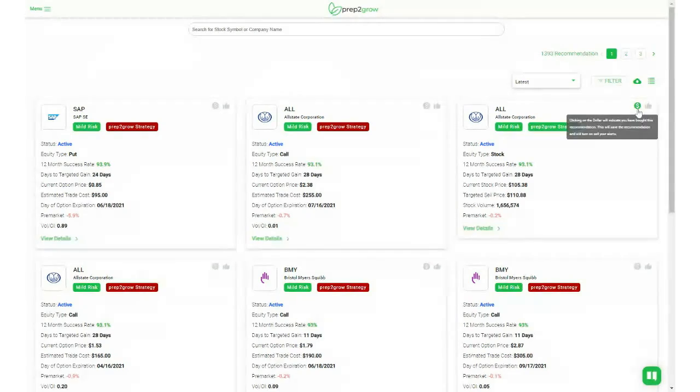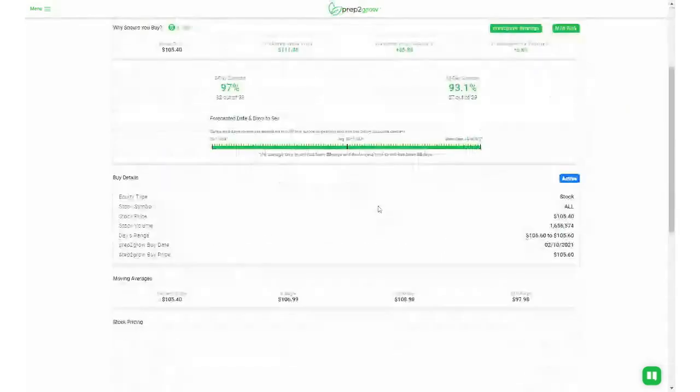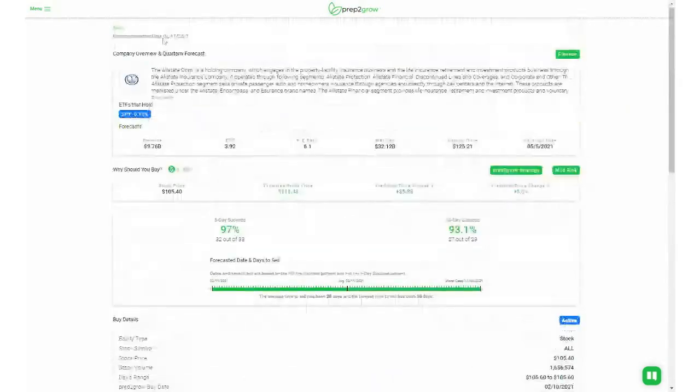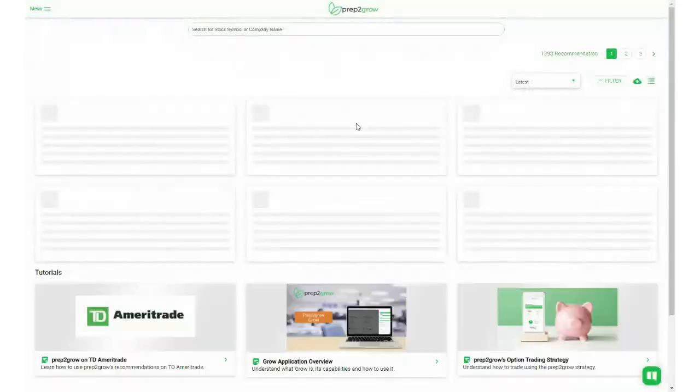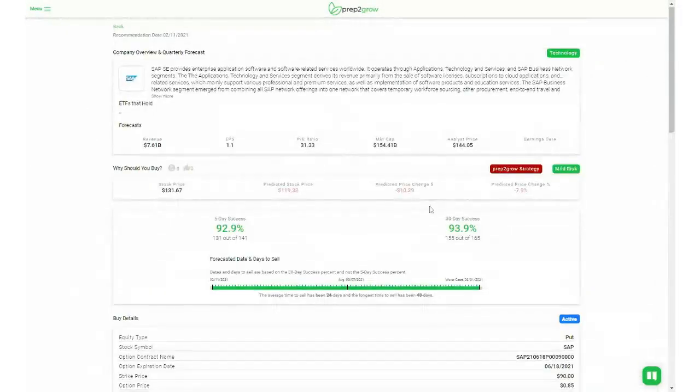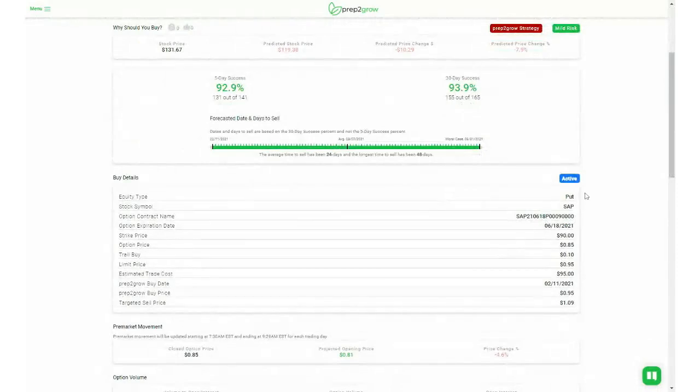So you no longer have to look at this, take all this information, and this is the stock. So, what is the price? When should I get in and out? Let me take an option so it's a little bit more relevant. It'll populate essentially all this information into your brokerage or into your stock platform.